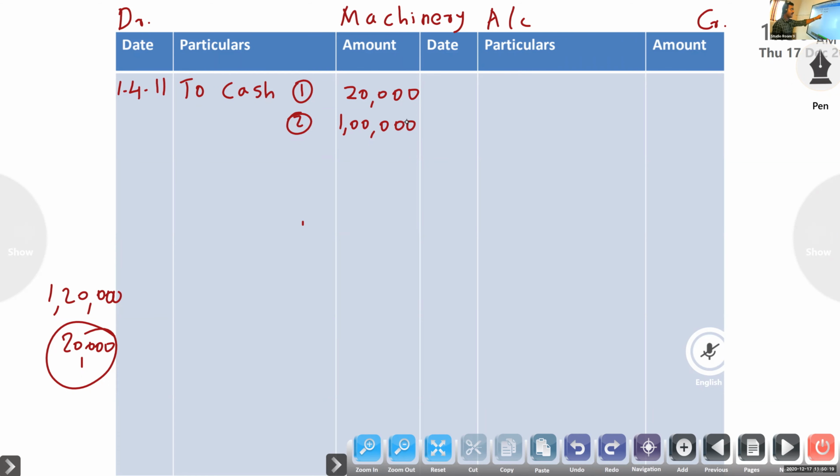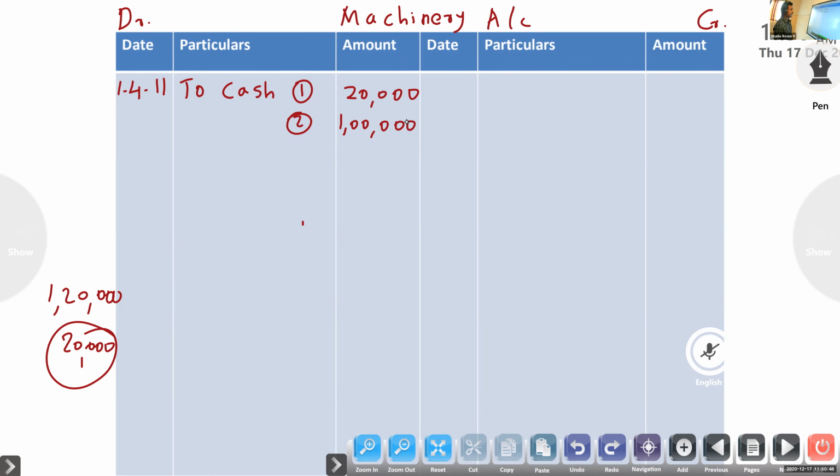But if I write 1,20,000 here, then you have to write a working note: 20,000 depreciation, next year balance BD, depreciation, next year balance BD, depreciation, then current value. But if you do this method, then it will be easy. So out of 1,20,000, 20,000 separate, 1 lakh separate. Clear?